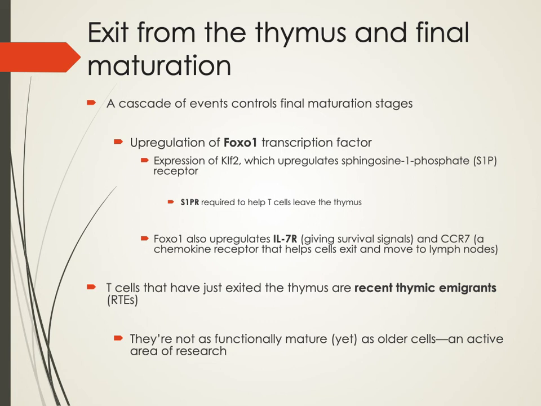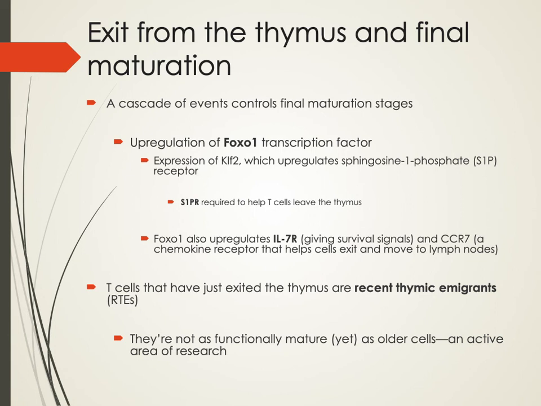Also, IL-7 receptor is going to be upregulated, and CCR7, which is a chemokine receptor, also gets upregulated. This is going to help the cell to survive as it exits and moves into the lymph nodes.